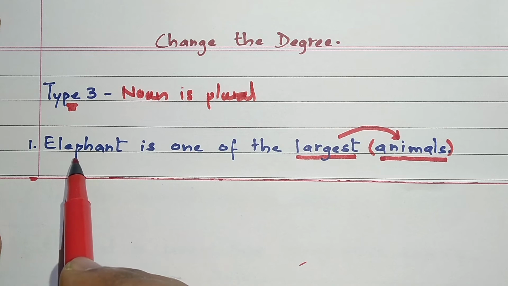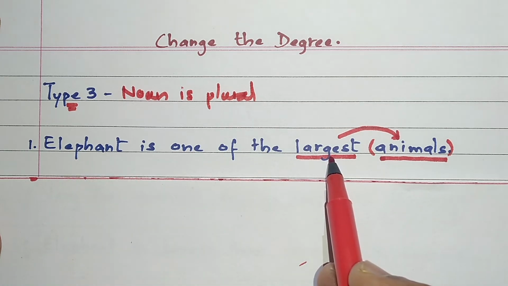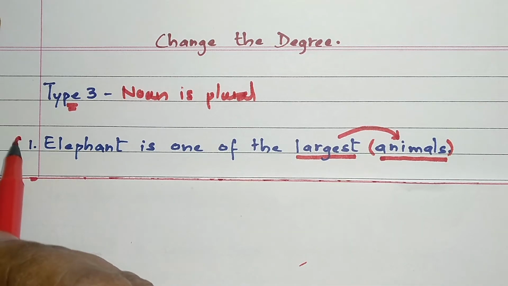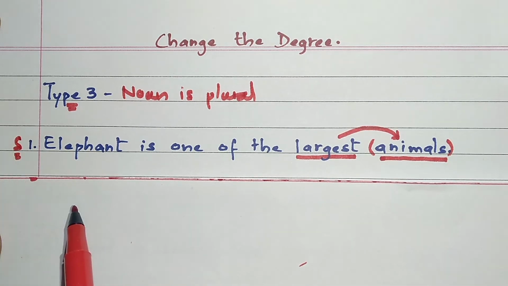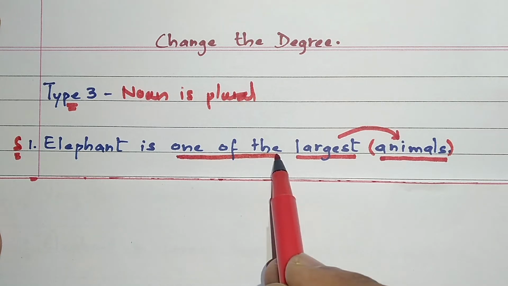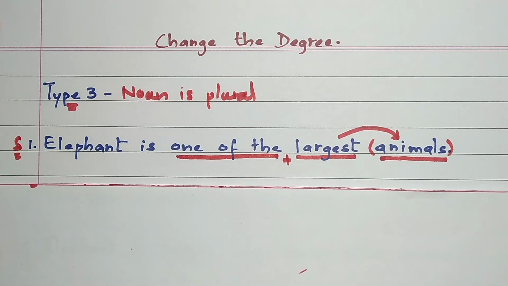Okay, so let's start. As I said, largest is the adjective. It is the superlative degree adjective, and therefore this is a superlative degree sentence. Look at the construction over here. One of the plus superlative degree adjective. How to frame the positive and comparative degree?